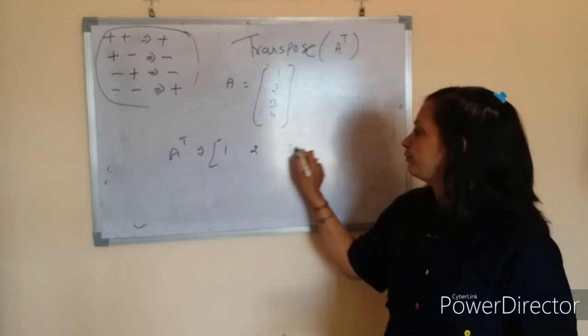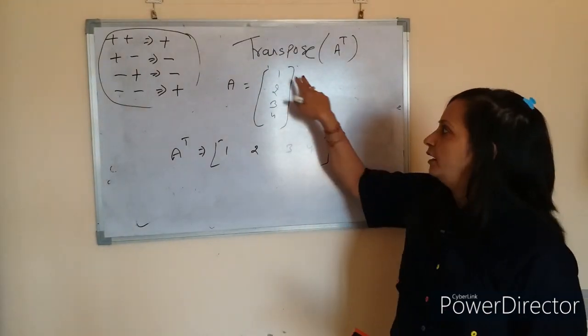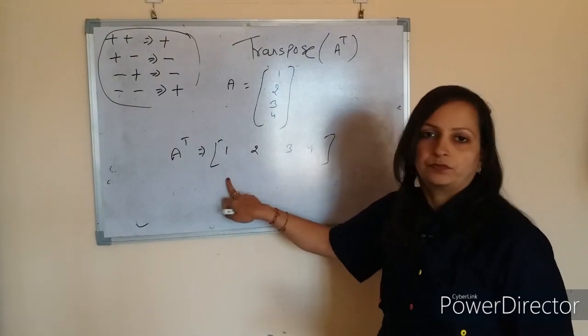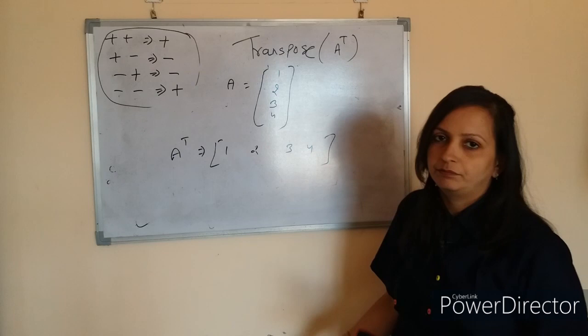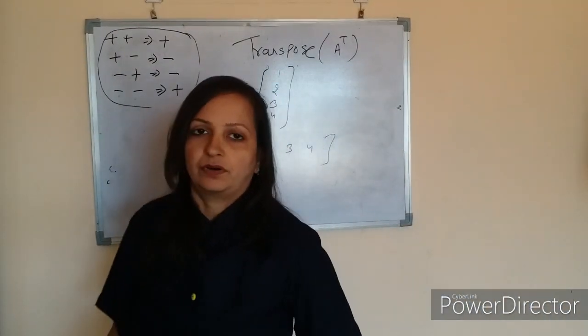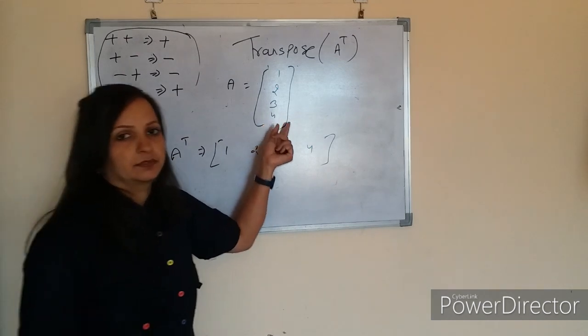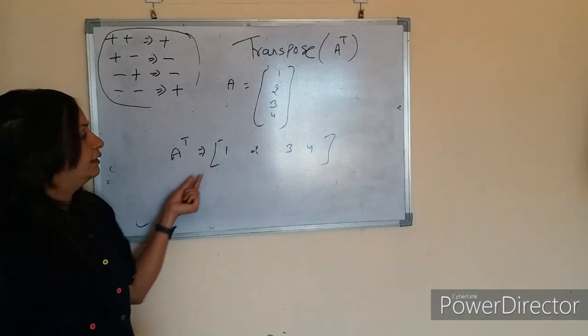So what I have to do, this is a column and I have to change it into a row. So this is my transpose of the matrix. I pick up the first row, convert it into first column, second row into second column, third row into third column, and in this way I got the A transpose of the above matrix.